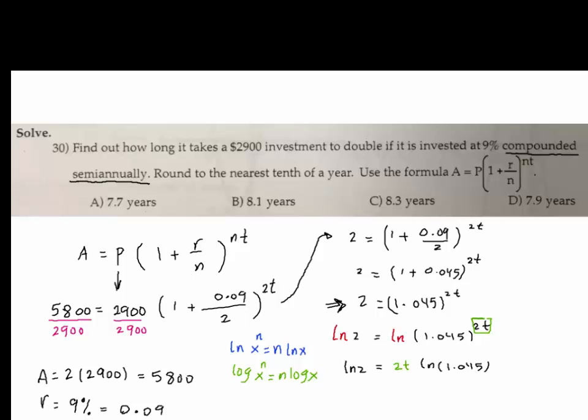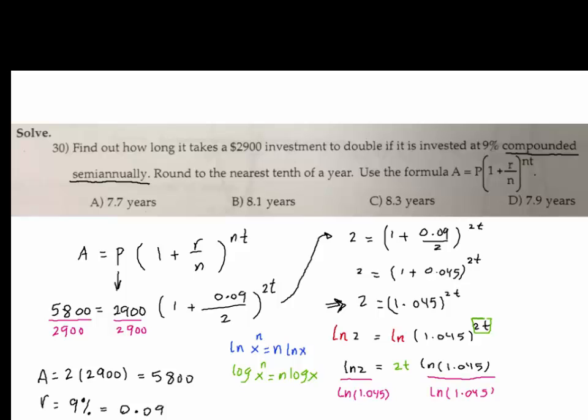So we know how to solve for t now. If I divide both sides by the coefficient of t, which is natural log of 1.045, we also have to eliminate that 2 then, right?